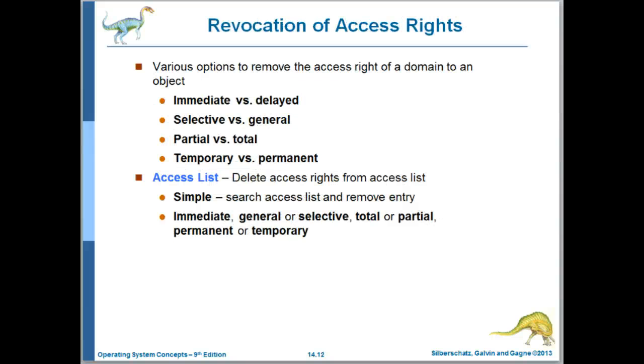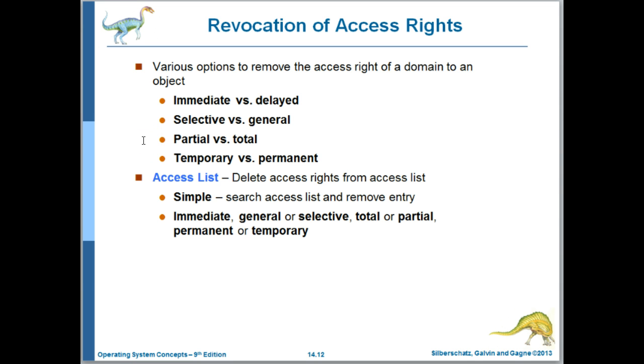All right, so with respect to revoking access rights, here are the options. Is an access right revoked immediately, or can it be delayed? Selective versus general refers to, does it affect all domains, or can we specify that that access right only applies to certain domains?